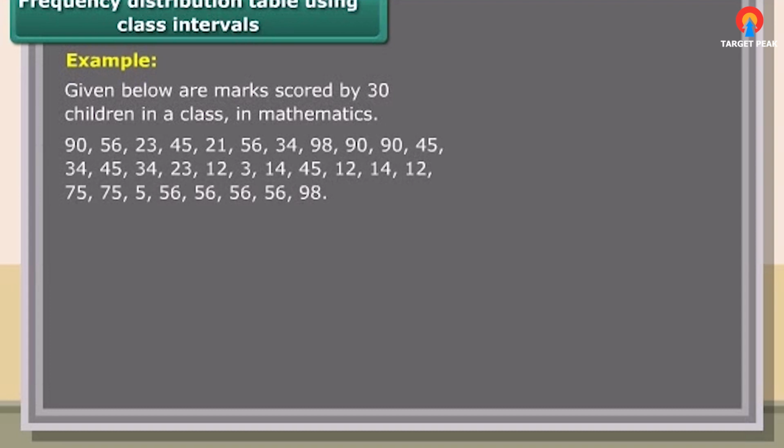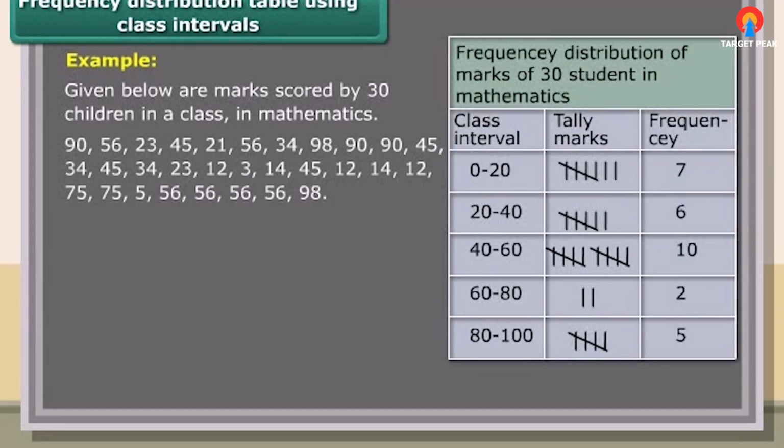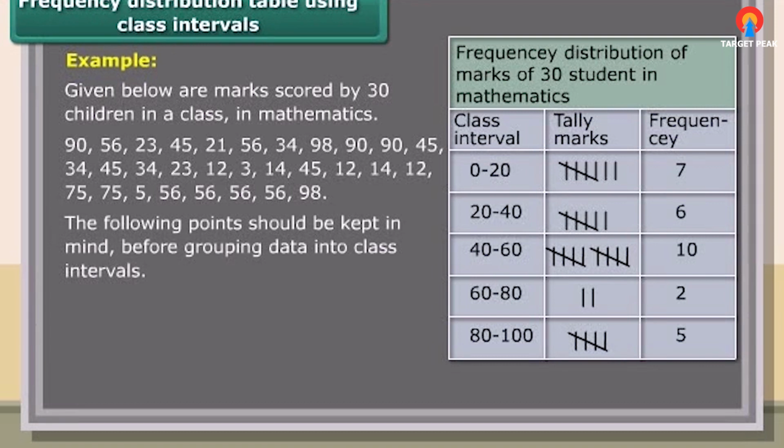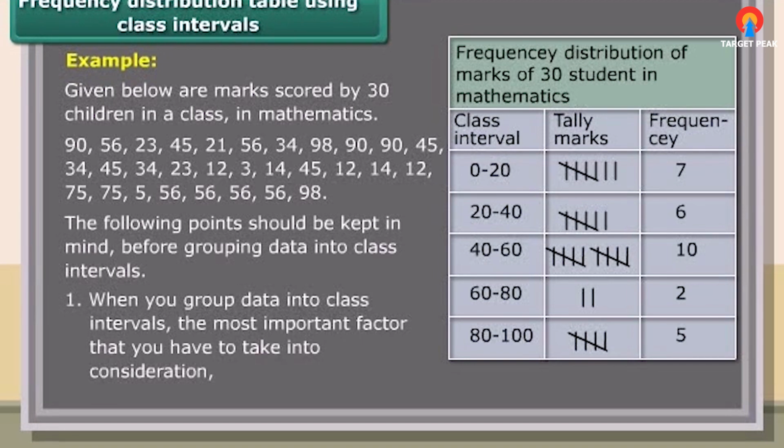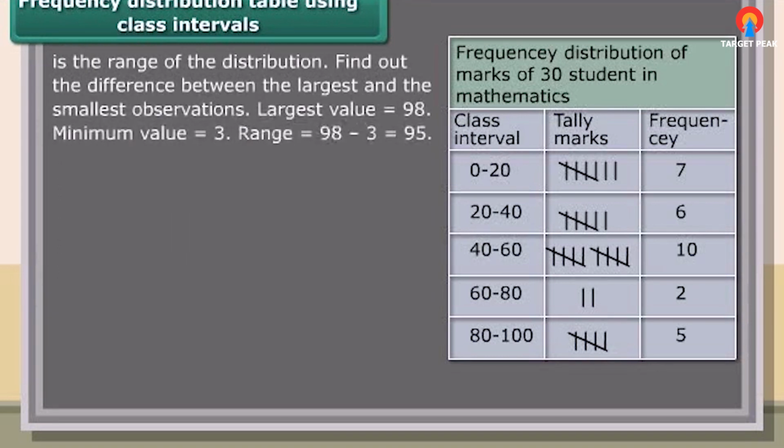Frequency distribution table using class intervals. Example: Given below are marks scored by 30 children in a class in mathematics. The following points should be kept in mind before grouping data into class intervals. 1. When you group data into class intervals, the most important factor that you have to take into consideration is the range of the distribution.